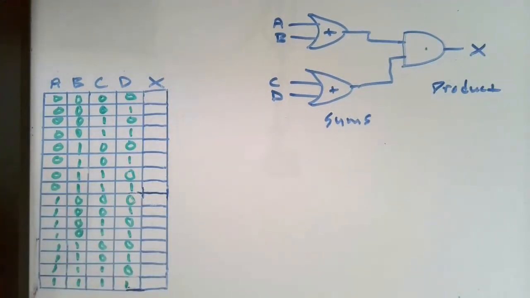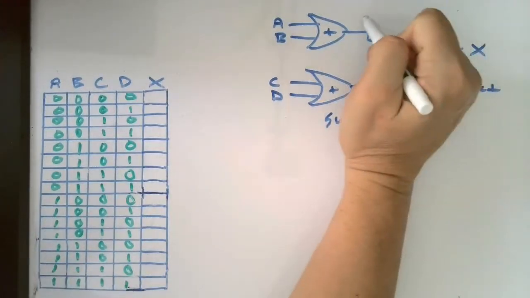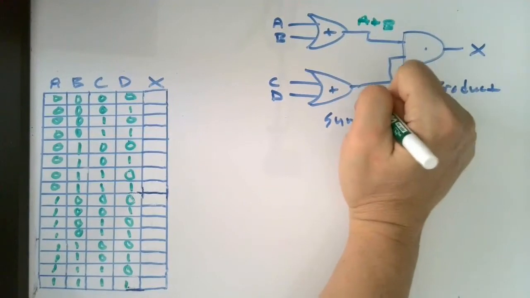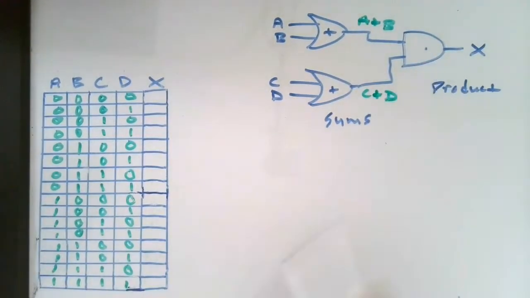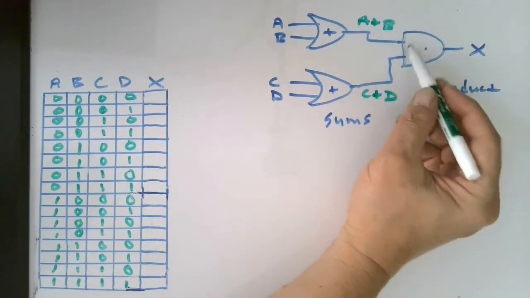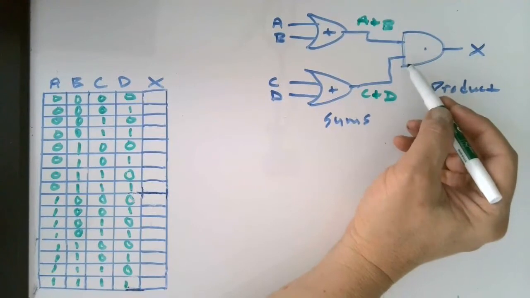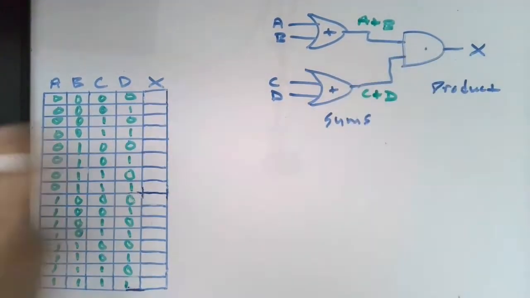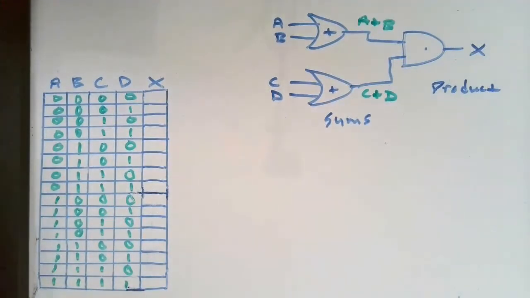For the intermediate stages, the outputs of the OR gates, we have on the top A or B, and on the bottom C or D. Now, this is no longer an OR gate here, it's an AND gate, which means that both of these conditions have to be true. Before we actually fill in the truth table, we need to think about that for a second.